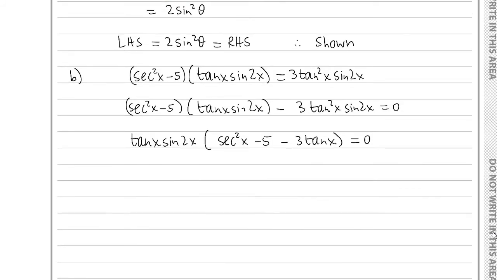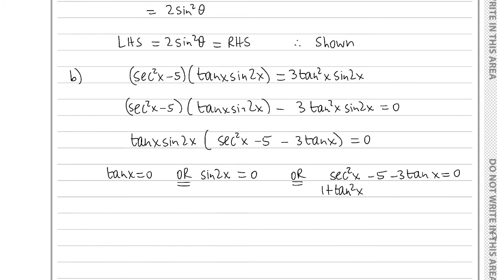So we have tan x is 0, or sine 2x is 0, or sec squared x minus 5 minus 3 tan x is 0. I will actually use the identity of sec squared is 1 plus tan squared. So 1 plus tan squared x minus 5 minus 3 tan x is 0.